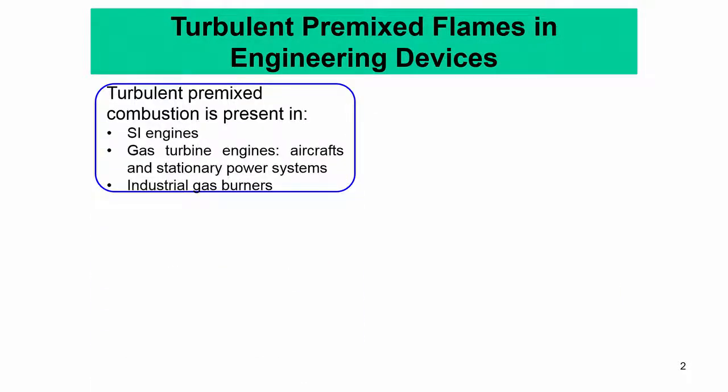So, where do we find turbulent premix flames in engineering devices? Turbulent premix flames are found in SI engines, spark ignition engines, which are used in cars, and in gas turbine engines, and mainly in stationary power plants and industrial gas burners. Now, as we discussed in the last class, because gas turbine engines use liquid fuels, the flames formed are mainly non-premix flames.